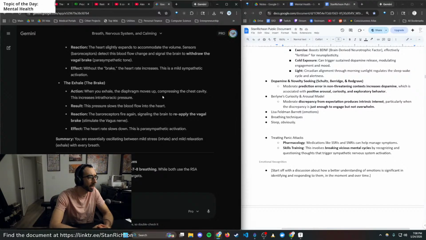This increases intrathoracic pressure. This pressure slows the blood flow into the heart. The baroreceptors fire again, signaling the brain to reapply the vagal brake, stimulate the vagus nerve. The heart rate slows down. This is parasympathetic activation. You are essentially oscillating between mild stress on the inhale and mild relaxation with every breath.